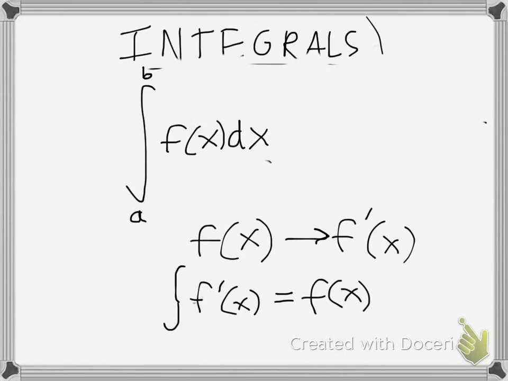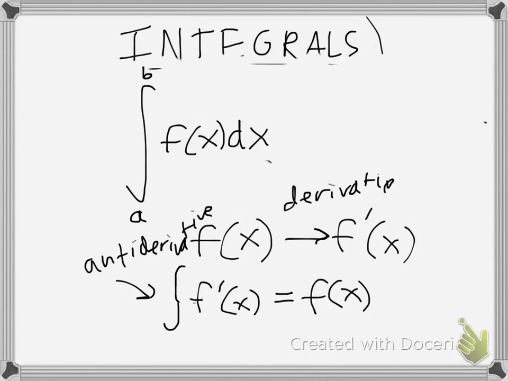So the integral is the opposite of the derivative, just like subtraction is the opposite of addition. So finding the derivative and taking the integral is called the antiderivative. Okay?